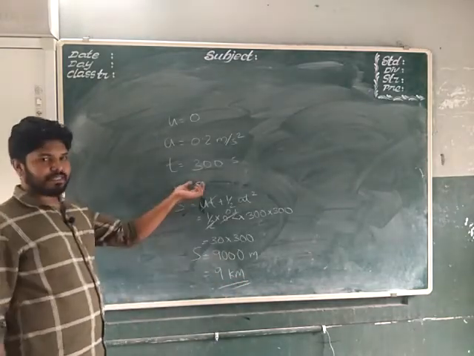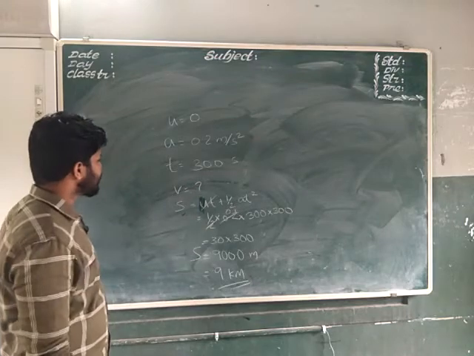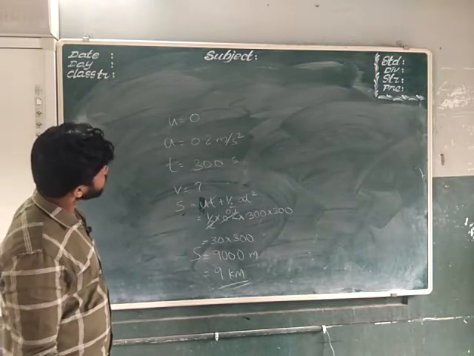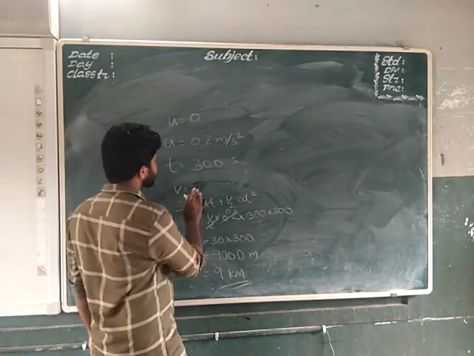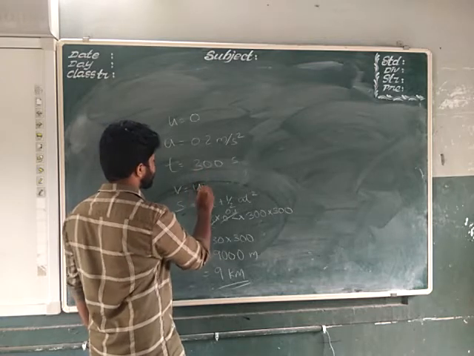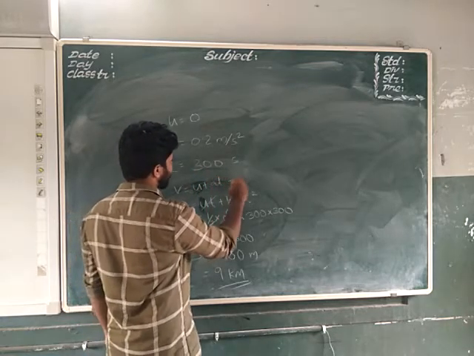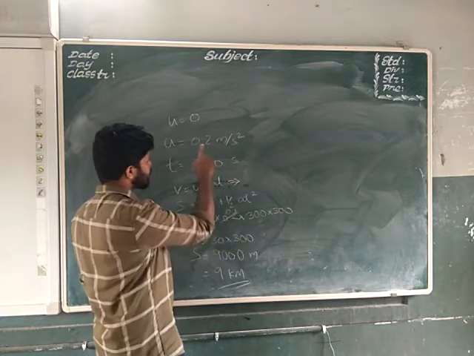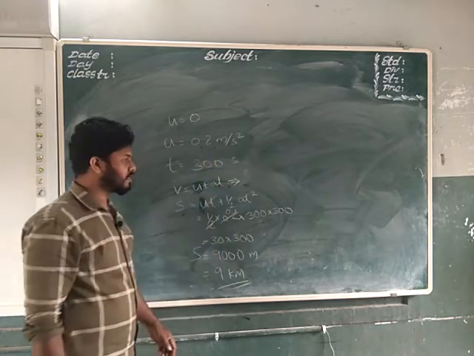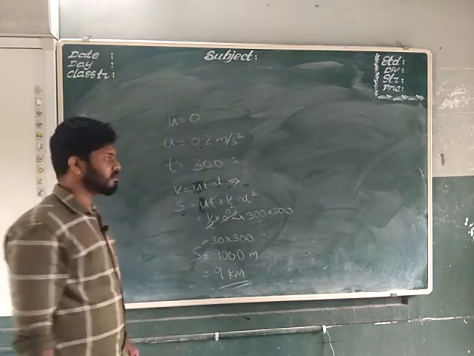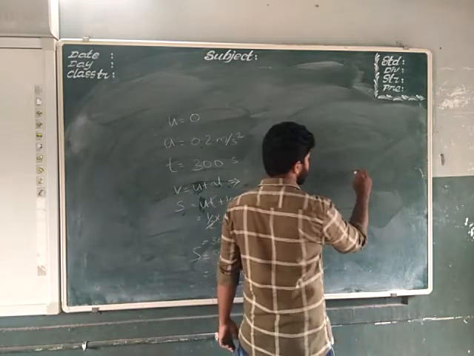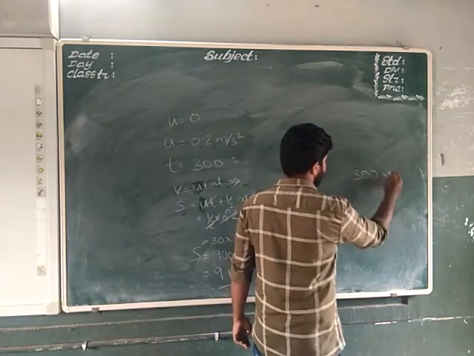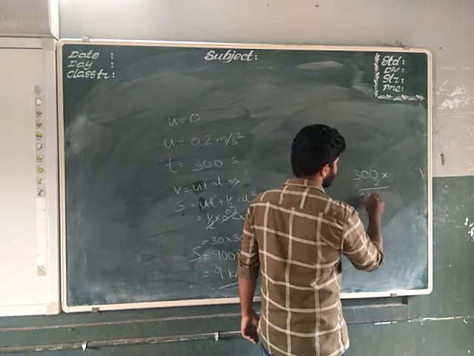Now we can find v. We have the equation v equal to u plus at, and u equal to 0, so we don't want this term, only at we need. 0.2 into 300. What is 300 into 2? 600.